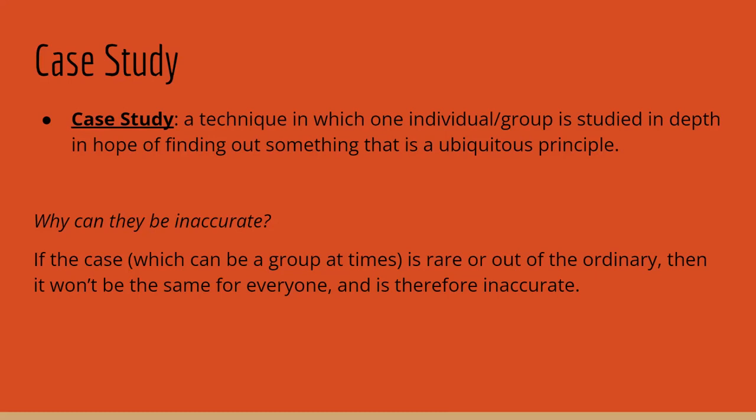Let's say this is obviously not a real example, but let's say someone's being examined and they are wearing a watch, and then someone just assumes that now I know that everyone's going to have watches, which is a stupid example, but it shows that sometimes they can be inaccurate. Just assuming that if one person is a certain way, then that's what it's like for everyone.